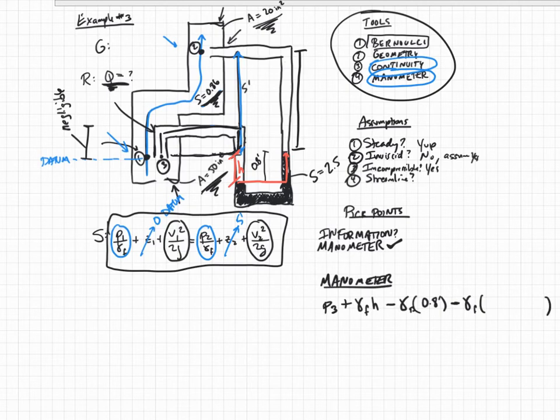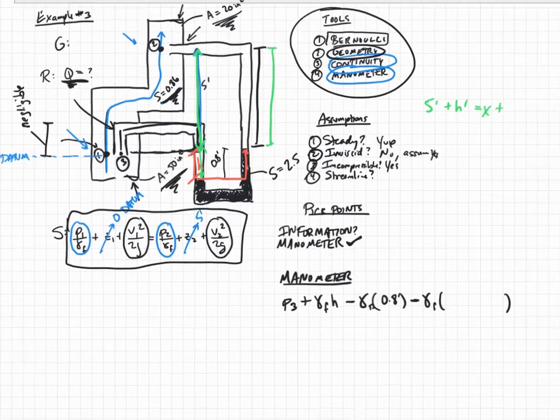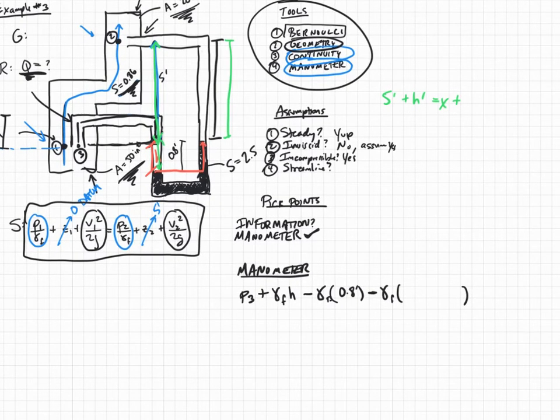And that distance is a little bit harder to figure out. Here I'm using some geometry, but I'm going to note that on the left-hand side I've got 5 feet and h. So 5 feet plus h equals, on the right-hand side, whatever this distance is, plus 0.8. So let's call that x plus 0.8 feet plus this 0.8 feet.